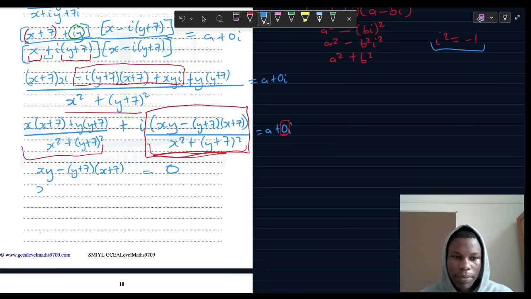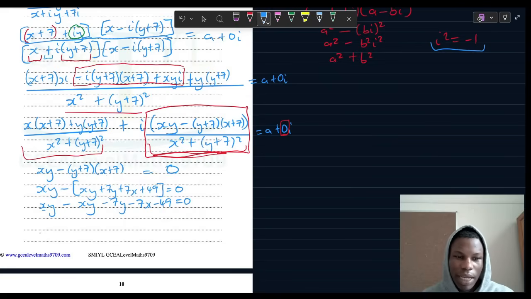Maybe let's just expand that out. So we've got y times x, that's xy. Got y times 7, that's 7y. 7 times x, 7x. 7 times 7, 49. And this is all equal to 0. So we've got xy minus xy minus 7y minus 7x minus 49, and this is all equal to 0. xy and xy cancel out there.